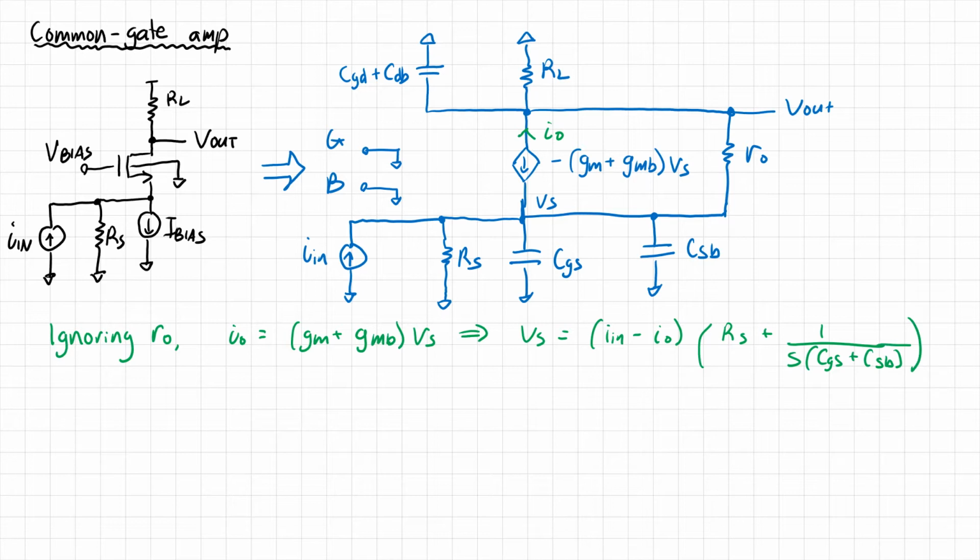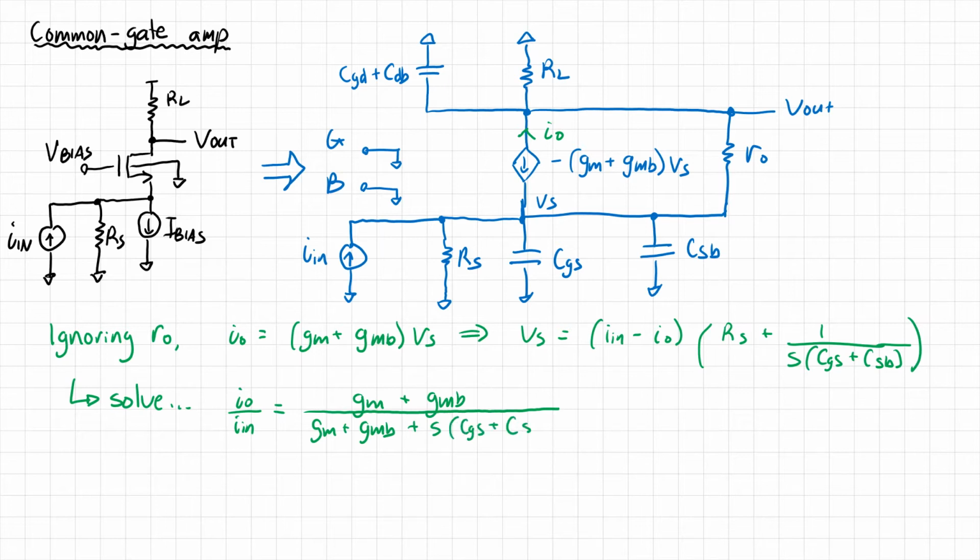Then we can solve and figure out the transfer function from I in to I out, or IO, and that's equal to gm plus gmb divided by gm plus gmb plus s times CGS plus CSB plus 1 over RS.